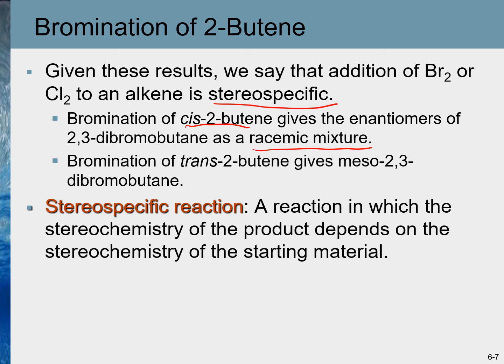But if we conduct halogenation of a trans alkene, we will get a meso compound as our product. So we can define a stereospecific reaction as a reaction in which the stereochemistry of the product depends on the stereochemistry of the starting material.